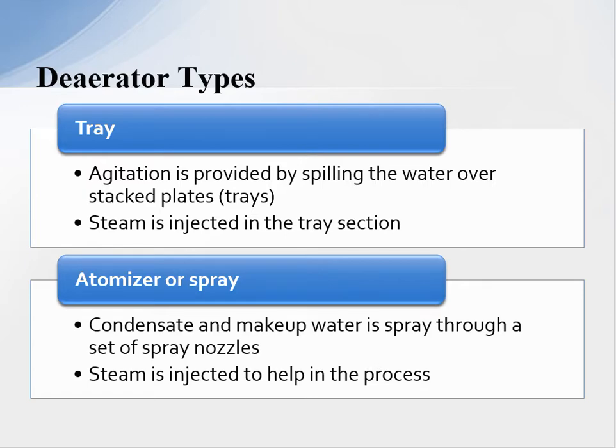The other type is atomizer or spray. Condensate makeup is sprayed through a set of spray nozzles, usually hitting a diffuser, and steam is injected into the process to bring the temperature up and again let the gases come out of solution. Either tray or spray should be able to bring the dissolved oxygen content down to 7 parts per billion.